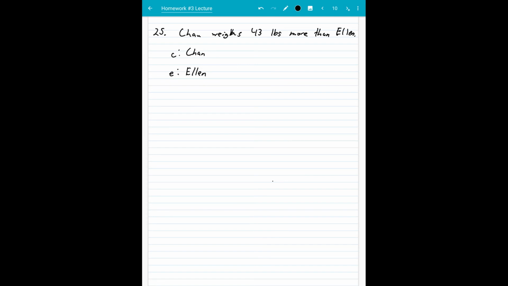So when you're comparing the two, there's different ways to look at this problem. If I'm saying Chan is 43 pounds more than Ellen, I could write it like this. I could say take Ellen. If I add 43 pounds to her, that then equates to Chan.